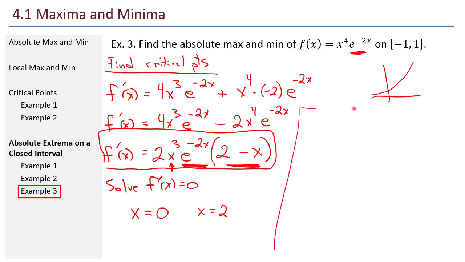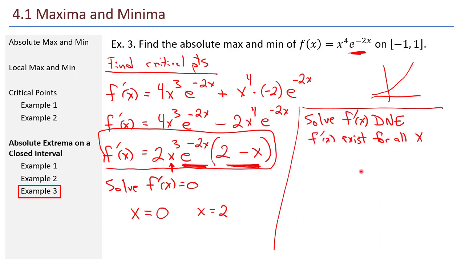The next thing I need to ask is, let's solve for f prime of x does not exist. And we can see here that any value of x I plug into my derivative will exist. The function is defined there, so nothing to worry about there. And the last thing I need to address is, what about my original function f?